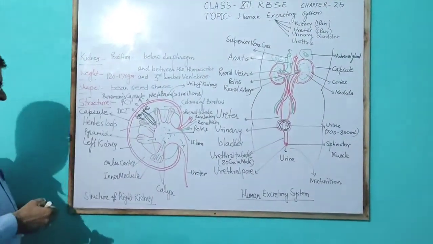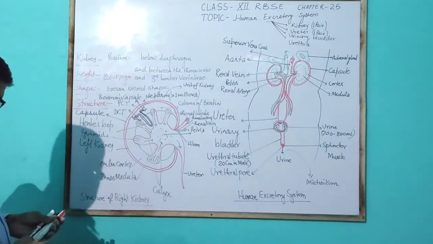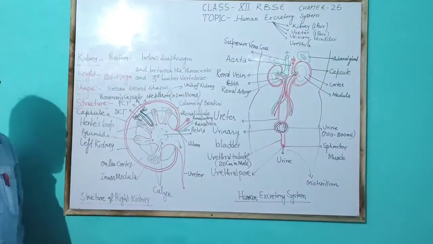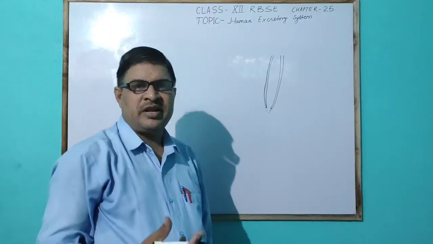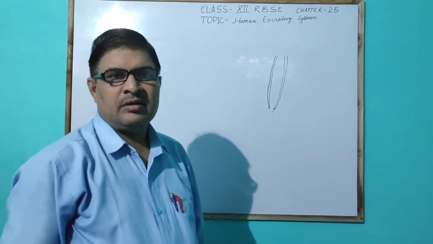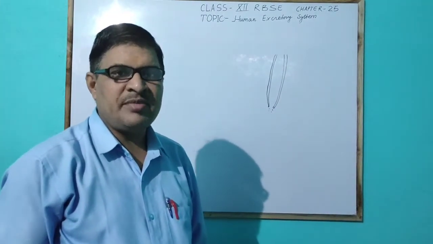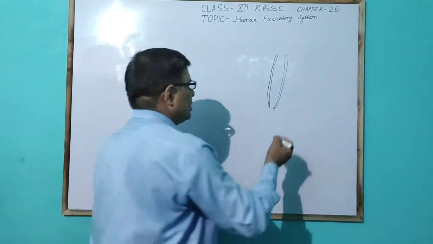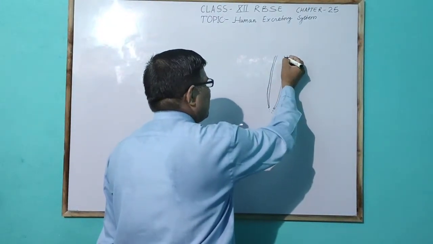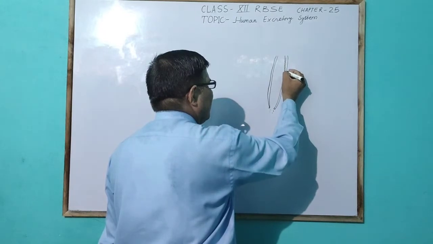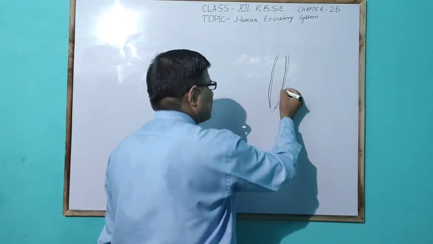As the structure of the kidney has been discussed here, after telling you about the kidney's position, weight and structure, I will tell you about the structure of the ureter. The ureter has an inner wall with this type of structure.